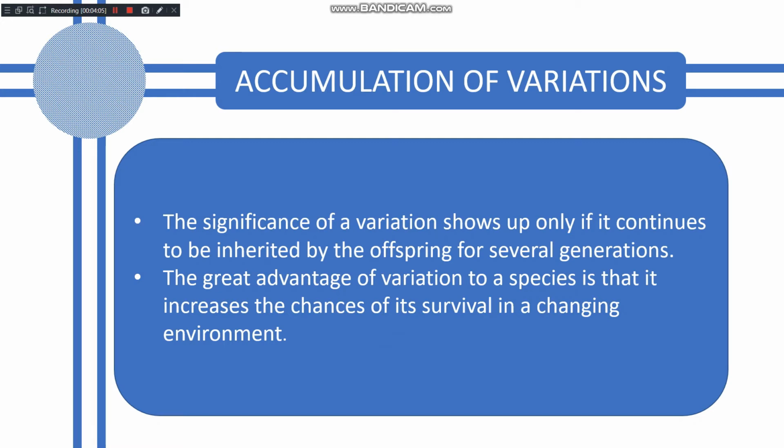Like, a group of bacteria is living in a small niche, meaning a small area. Then suddenly the temperature rises. This group of bacteria was comfortable with a temperature like 25 degrees Celsius, and if it increases more, suddenly some changes take place and the temperature increases. It is observed that most of the bacteria died, but maybe one or two bacteria which adapt themselves, or which have some variations in them, tolerate that much temperature and survive. Here the variation gives them a chance to survive in a changing environment.